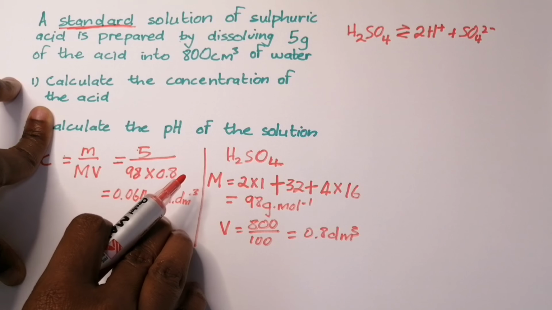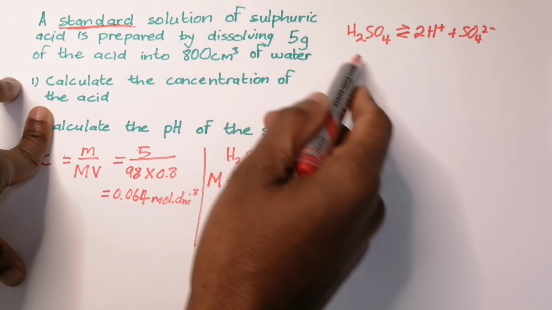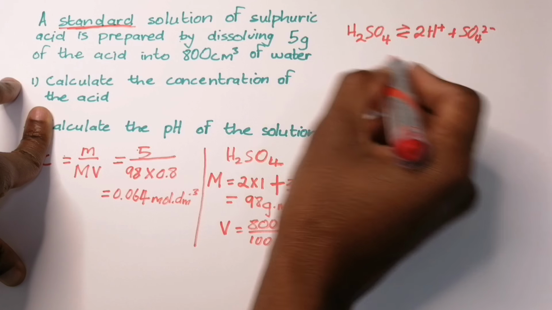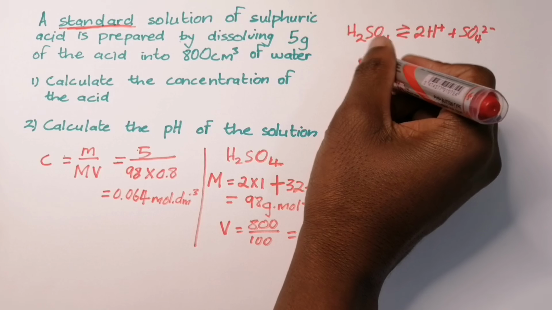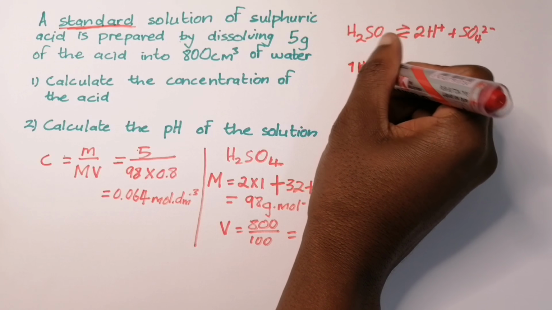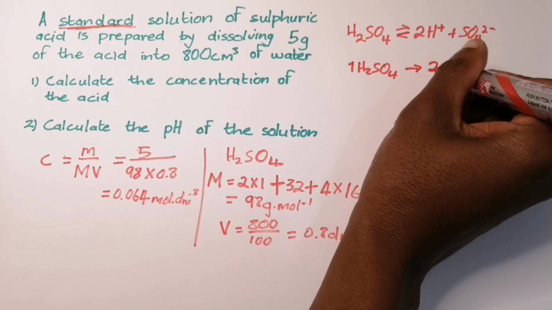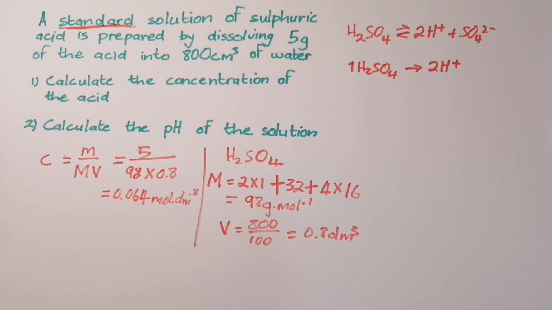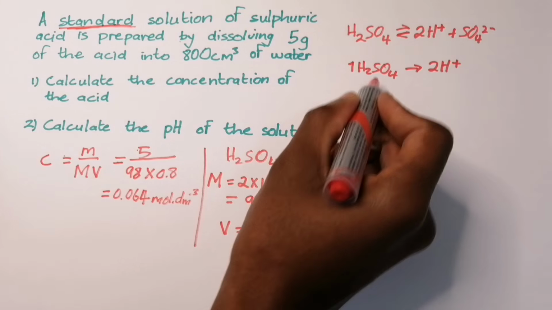For every one of this, I'll get 2 of those. Maybe let me write it down in ratio and proportion to show you a simpler way. For every 1 H2SO4, I get 2 hydronium ions. That's given.